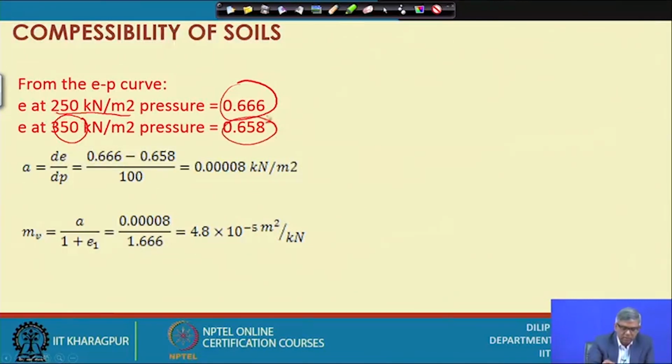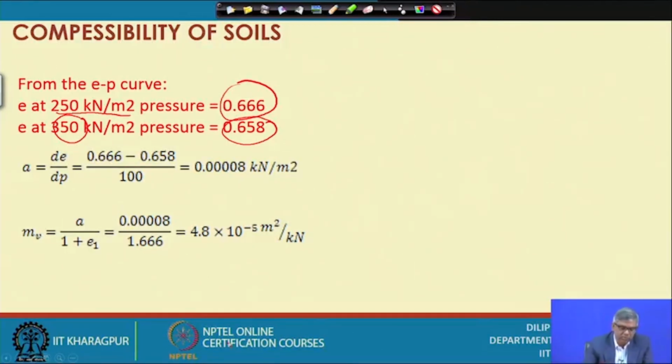It decreases, because with the increase of pressure the soil compresses, and there will be a reduction in void ratio.